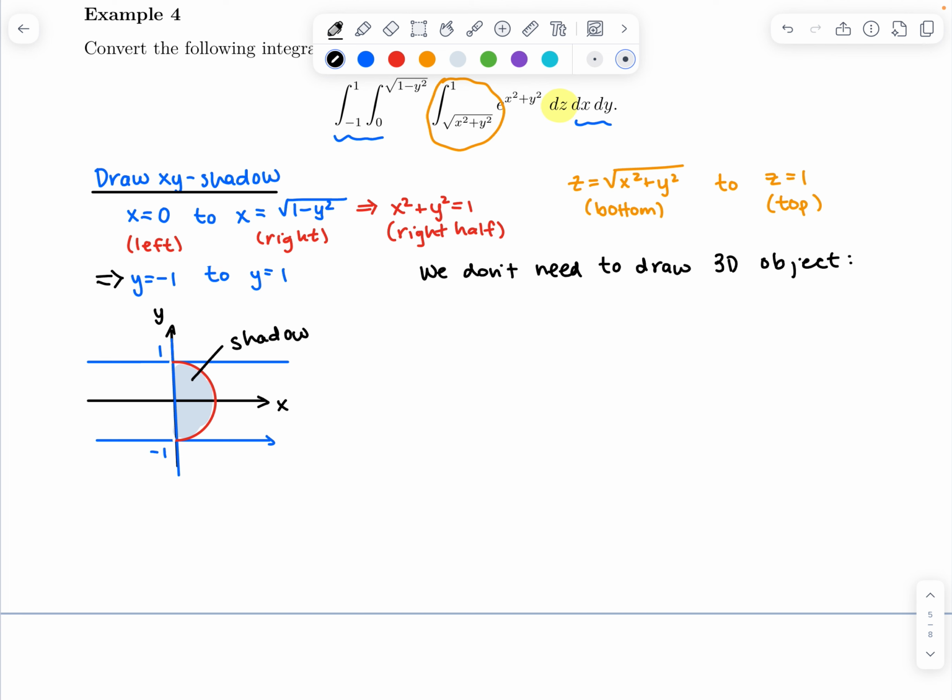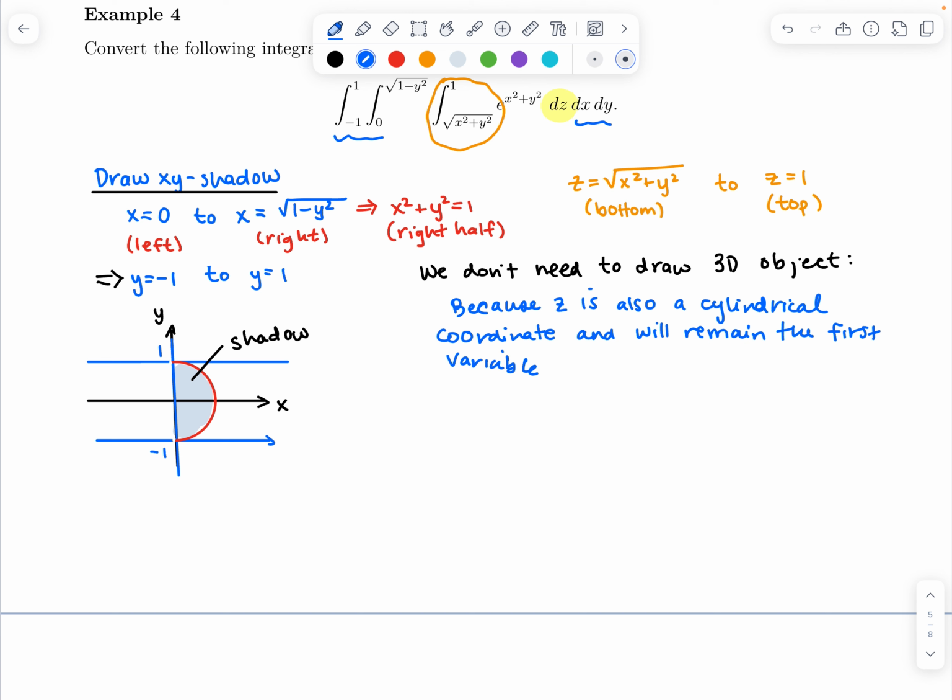The reason is that z is also a cylindrical coordinate, and will remain the first variable of integration when we convert, in cylindrical.